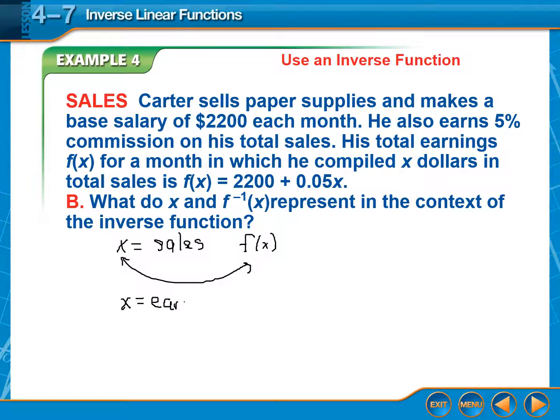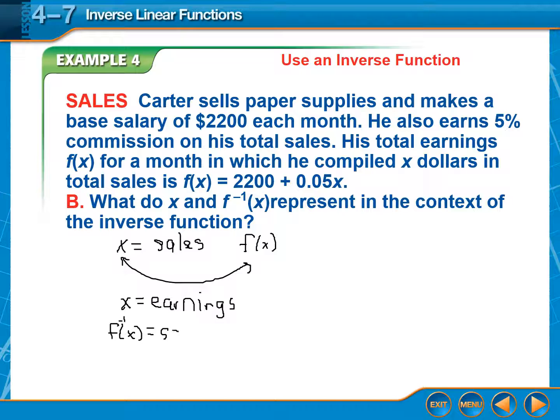We're still dealing with the two quantities, sales and earnings. It's just that in the inverse, x becomes the earnings, and the inverse of his earnings, oops, forgot the negative one, so the inverse of his earnings is now his sales.